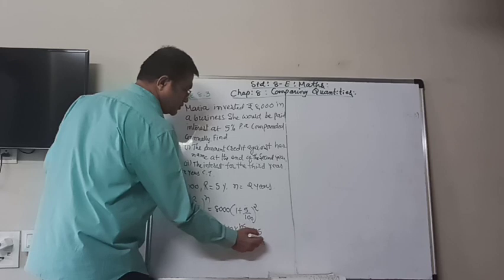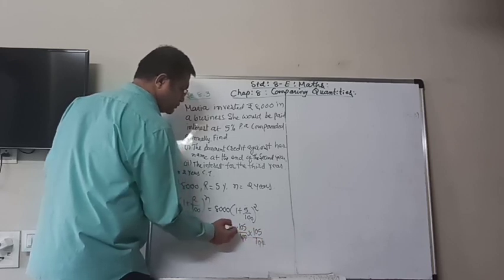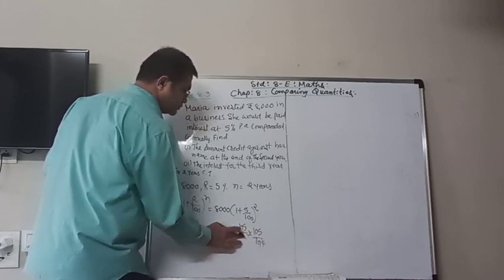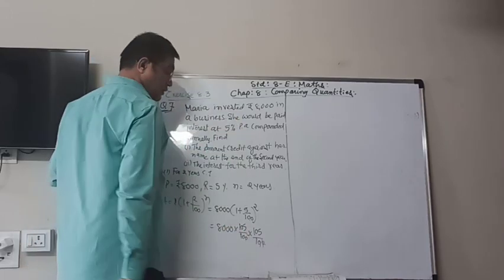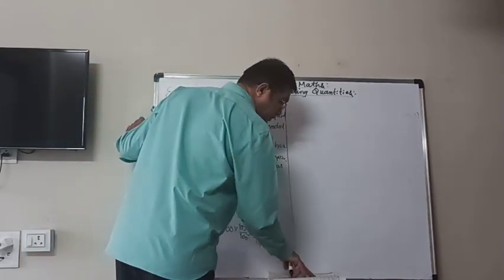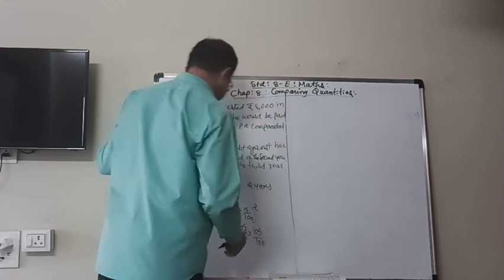So now the zeros will be gone, 3 zeros will be gone. Is it 8,000 or 80,000? Yeah, it is 8,000.